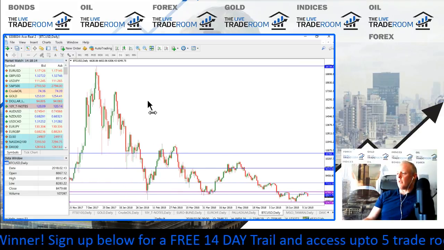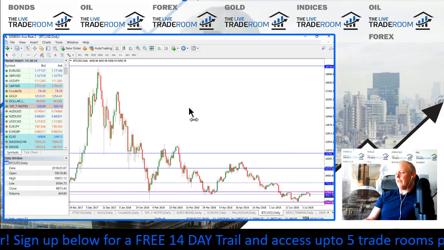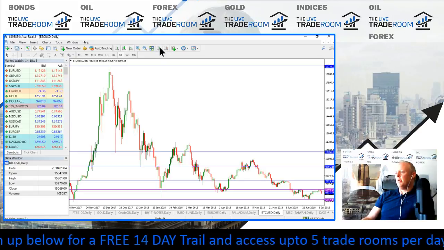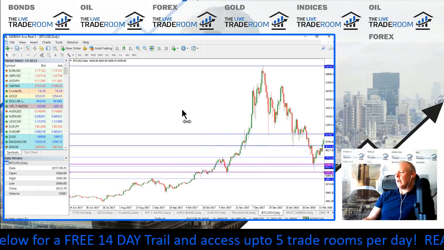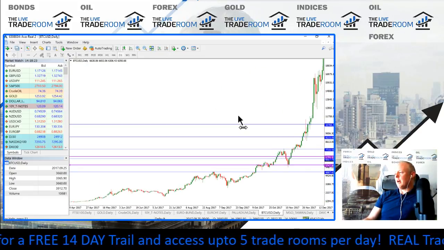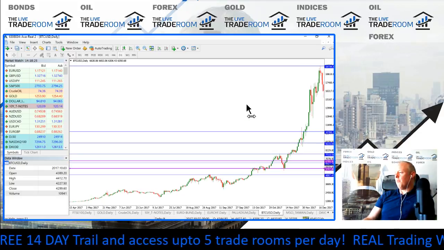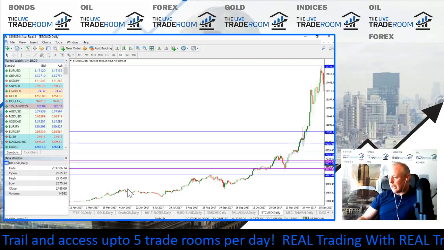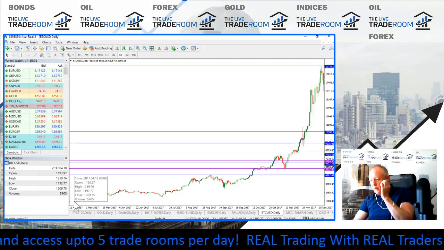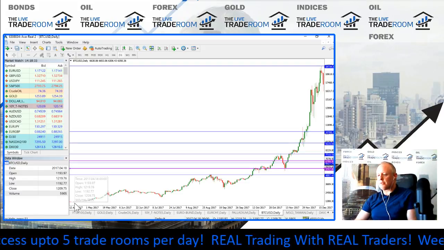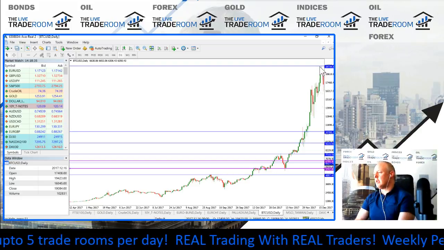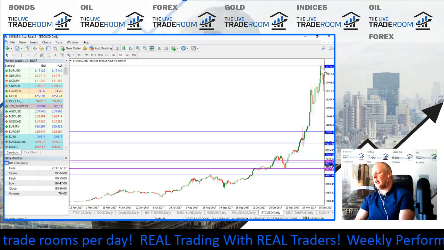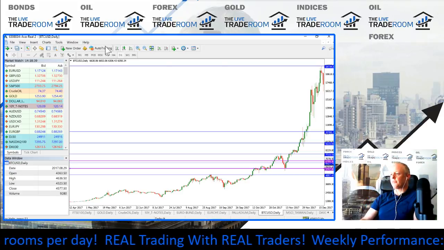cryptocurrencies. Of course, everyone benefited from the major move over the course of last year, where prices went from around the $1,000 mark in April up to just below the 20,000 mark.